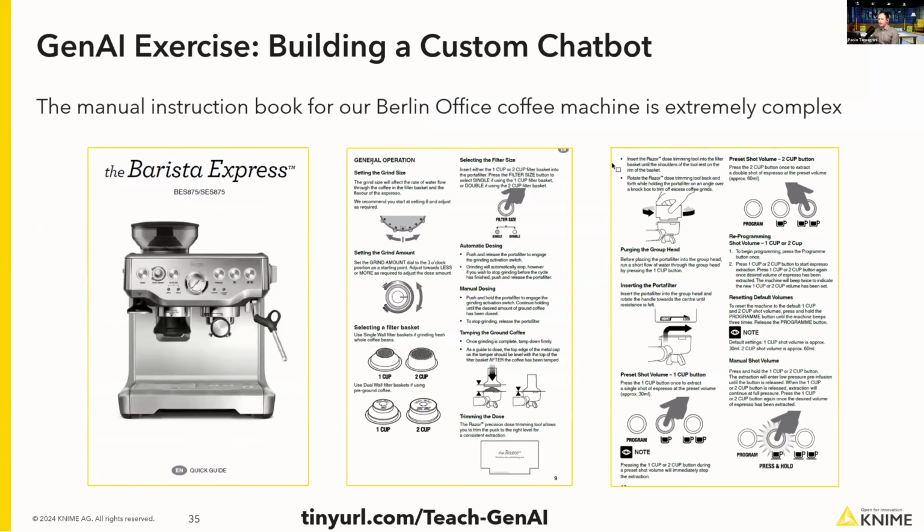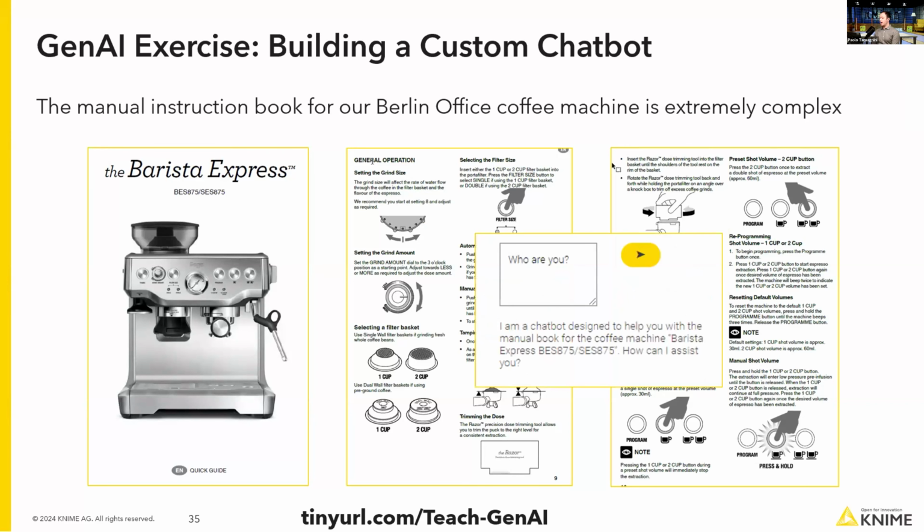So let's talk about the exercise. The exercise is a manual instruction book, and this manual has lots of description about a coffee machine. We actually have it here in the Berlin office, and it was really hard to use. And I thought, hey, maybe I can help here, right? There is lots of information on how the coffee machine works, and you can provide an application where you can insert questions about this document, and the application can answer based on the manual.